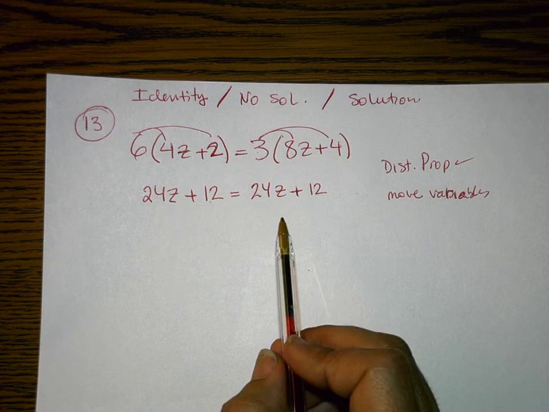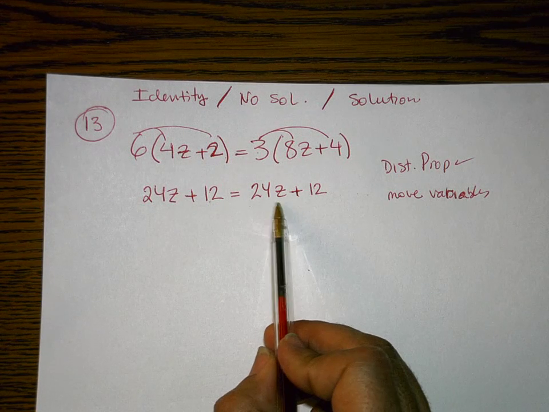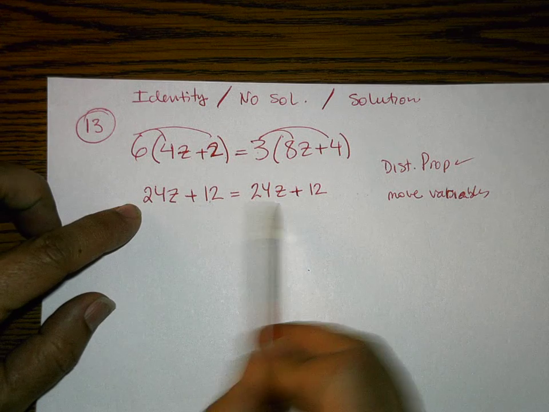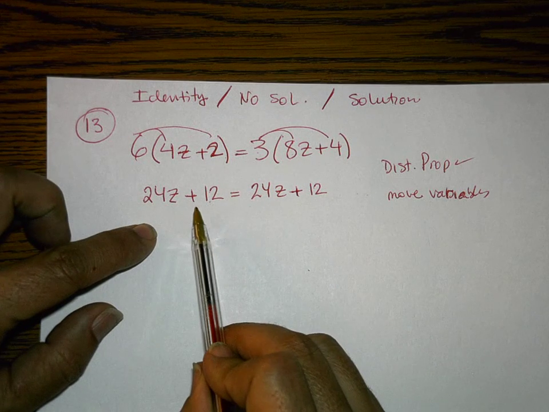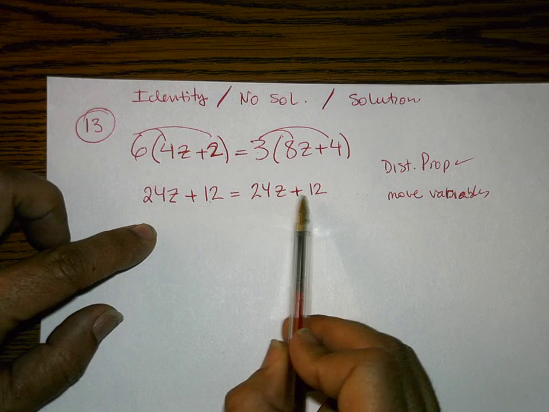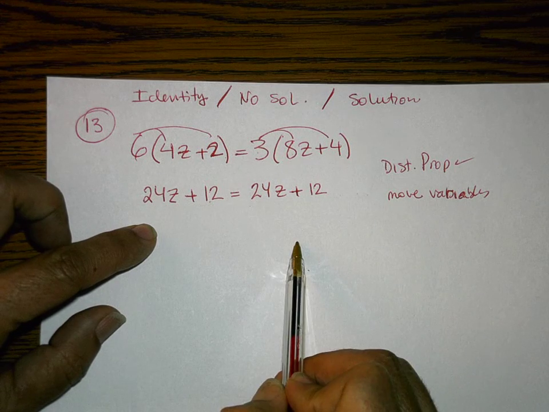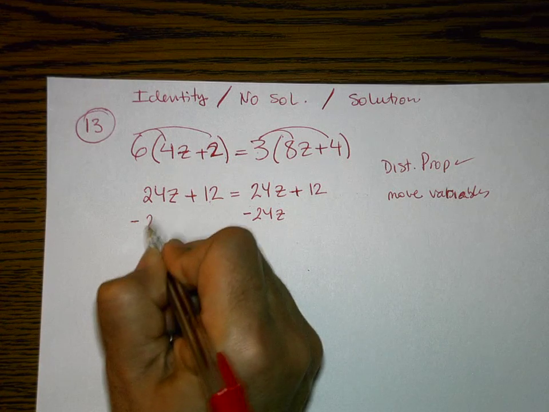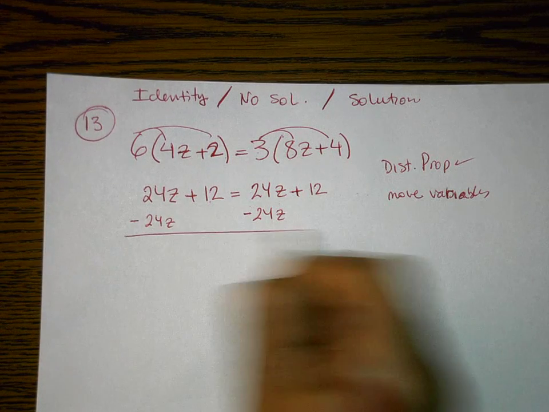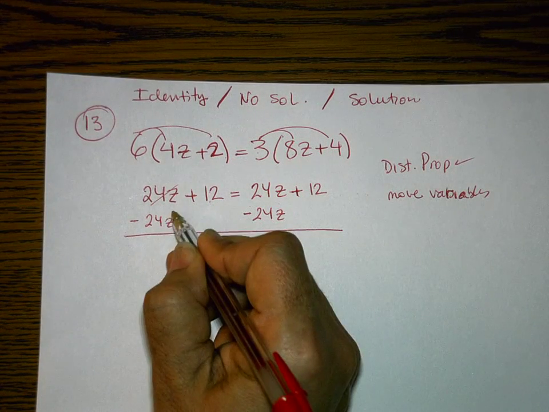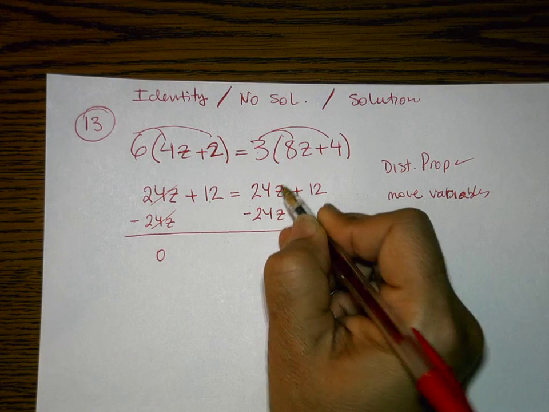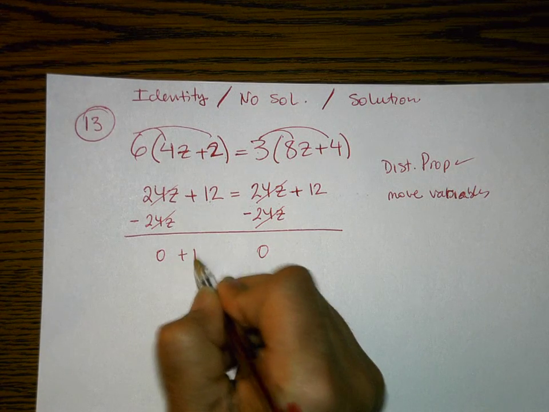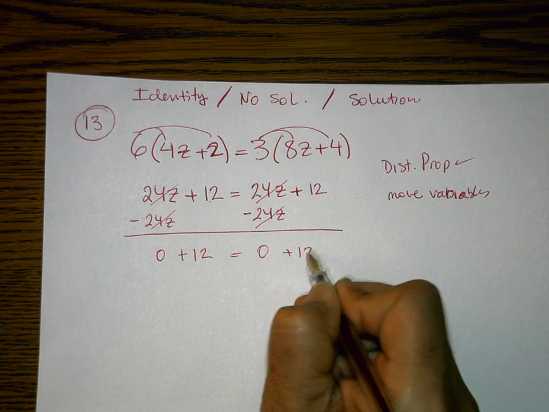If I subtract 24z from 24z, it's going to be 0. So subtract 24z from both sides. 24z minus 24z is 0, and I end up with plus 12 equals plus 12.